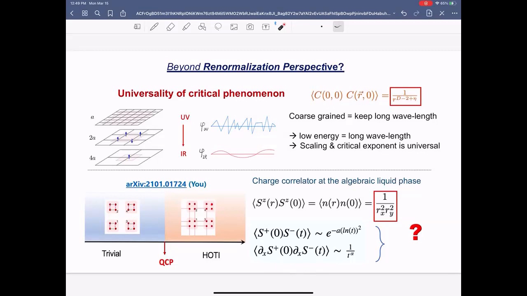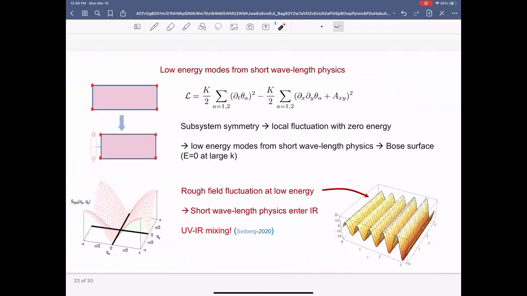What happened here? Because of the Fracton dynamics, or because of the subsystem symmetry, such that a charge cannot fluctuate while a pair of charges can only fluctuate in the transverse direction, there exists a large number of zero energy or low energy modes, which came from the local fluctuation. Remember, when we look at the structure factor, the zero energy mode is extended in both the kx and ky axes.